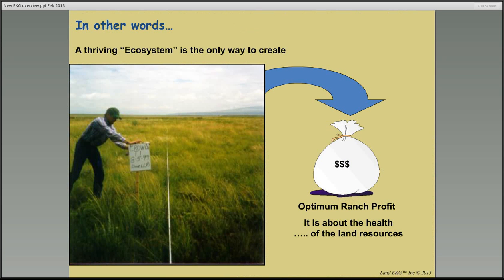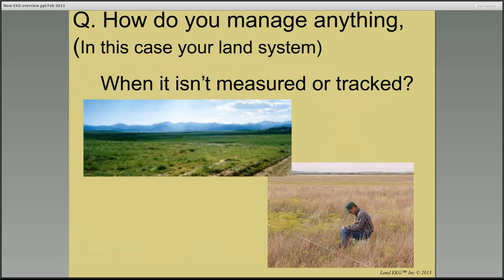Ultimately, a thriving ecosystem really is the only way to optimize the economic returns for the ranch itself. It's really about the health of the land and the land resources, and that's where we focus.